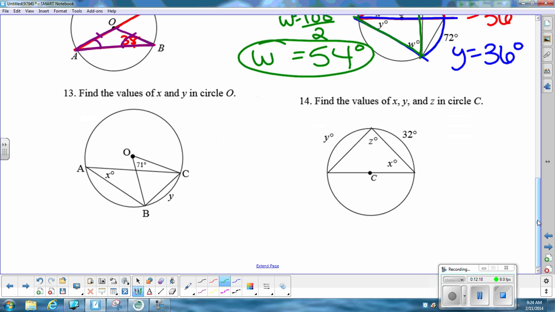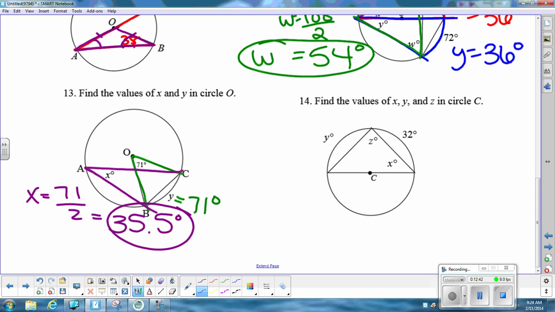Number 13, let's see what we have. I'm going to look at this part right here first. We have a central angle, so arc Y has a measure of 71 degrees. If I look at X, now we have an inscribed angle, so X is 71 divided by 2, which is 35.5 degrees.